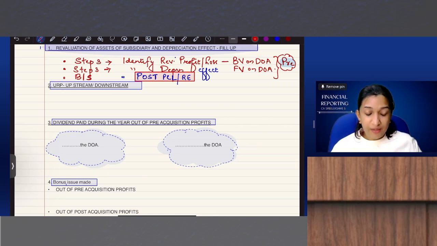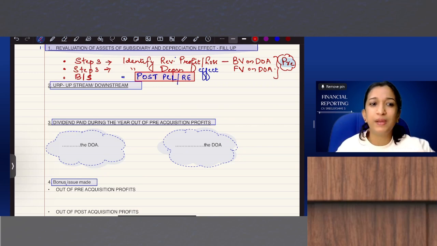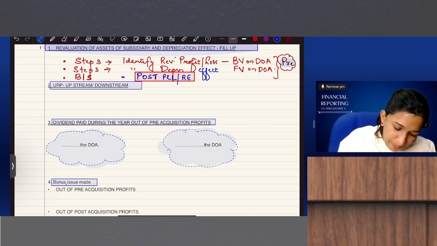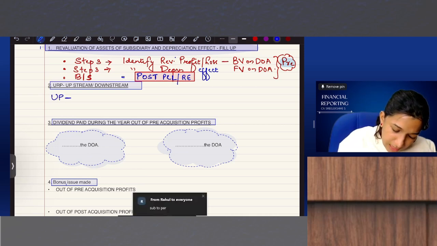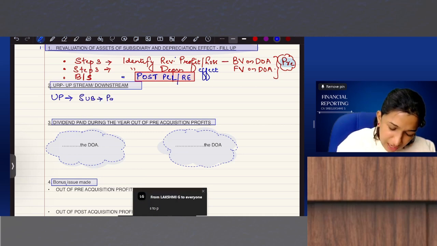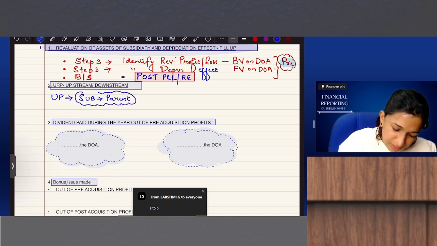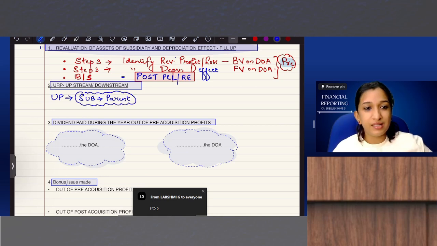Now, the next very common adjustment is URP, upstream or downstream transaction. What do you mean by upstream? Upstream means subsidiary to parent. Actually, Ind AS 110 is not using this term, but be clear: subsidiary to parent is upstream.